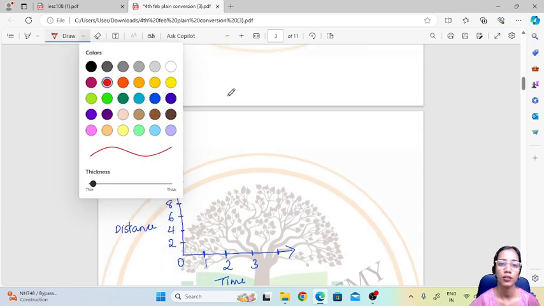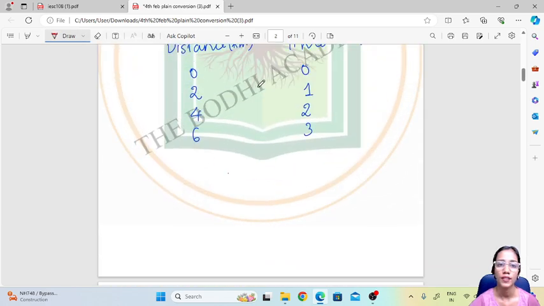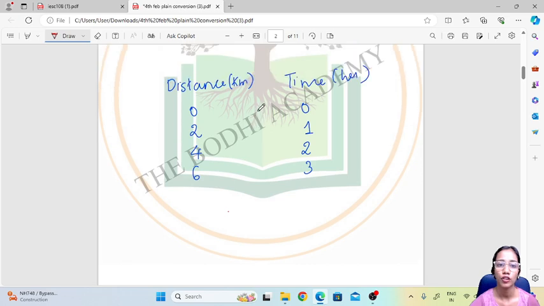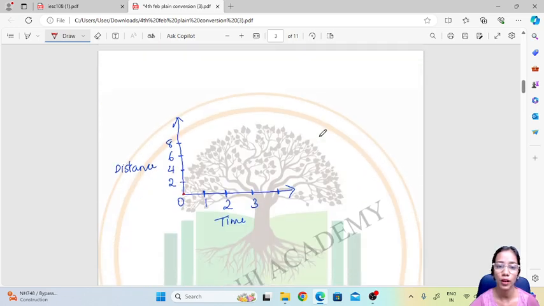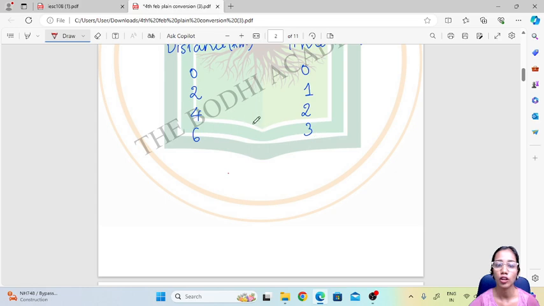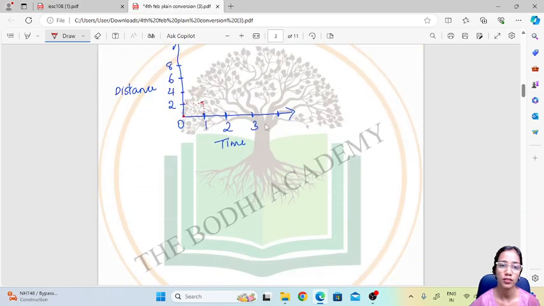So now let's plot the graph. For 0 it is 0, so the first point is over here. Next point, for 2 kilometers distance, time is 1 hour. Then 4 kilometers distance, time is 2 hours.